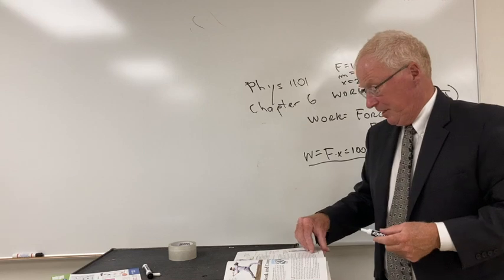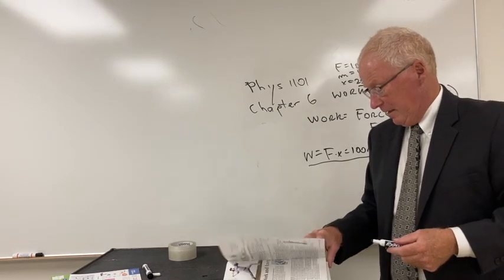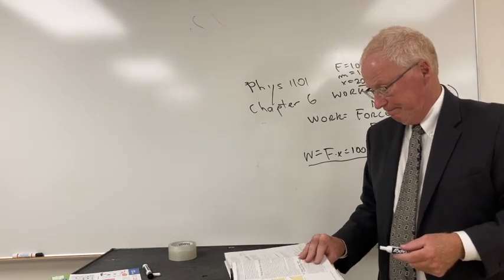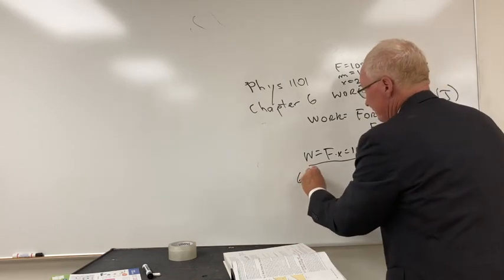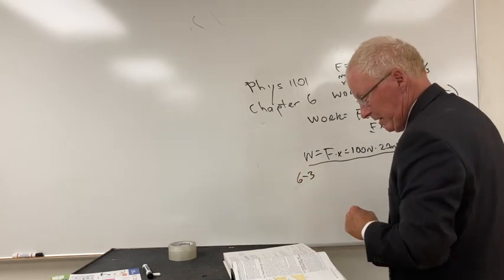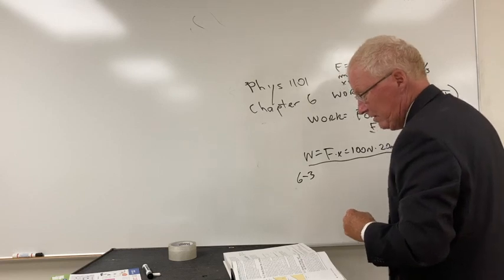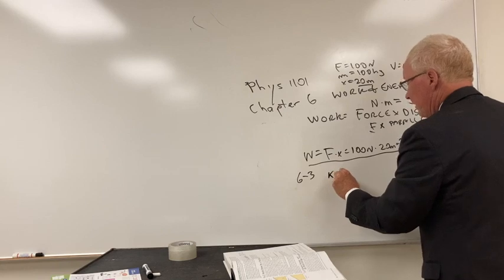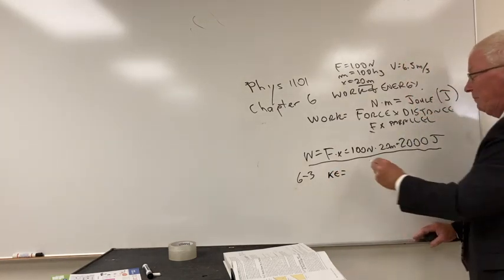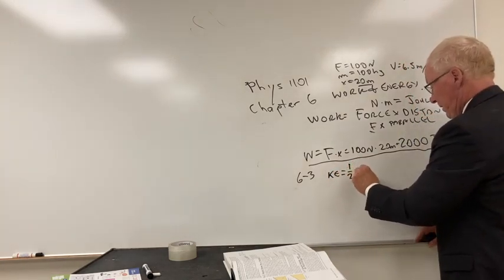This then is part of section 6.3, and what we have here then is the work done leads to kinetic energy, KE, which is given by 1/2 mv squared.